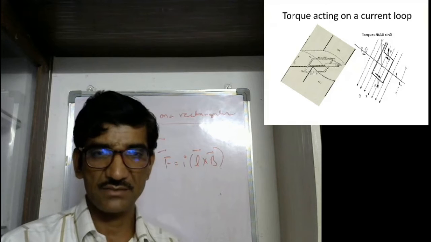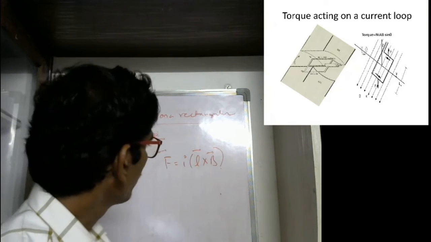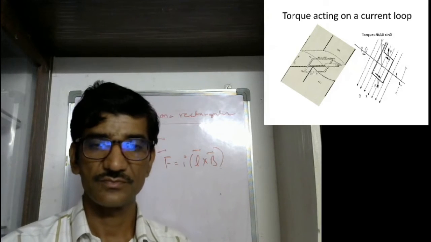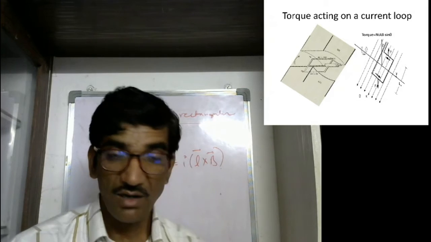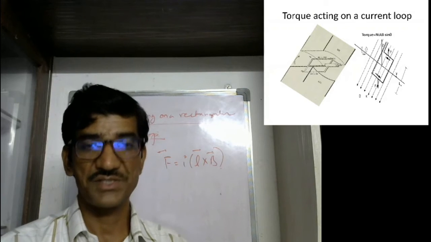In this case you may use the general definition of cross product, or you may use Fleming's rule also.